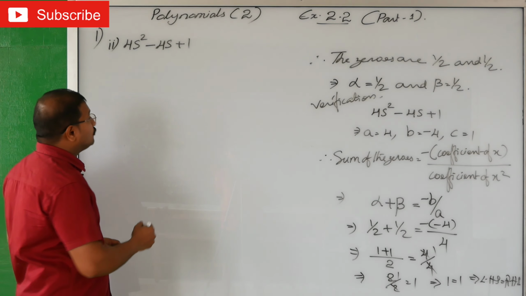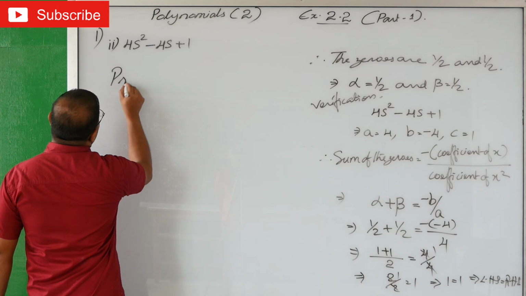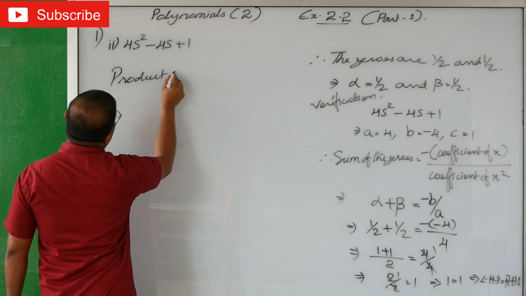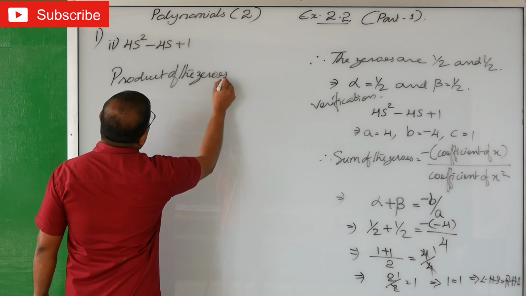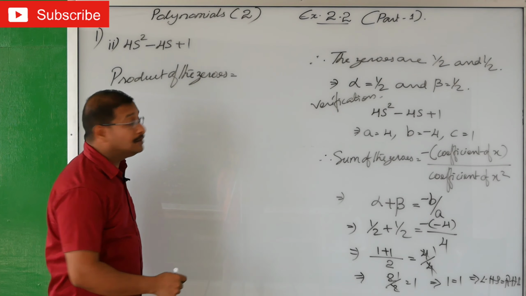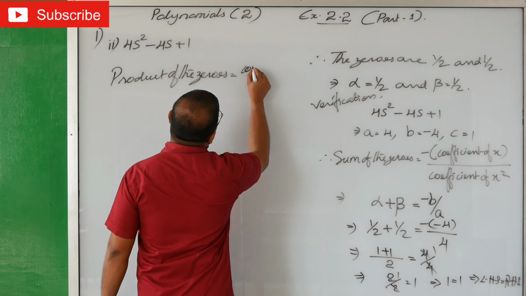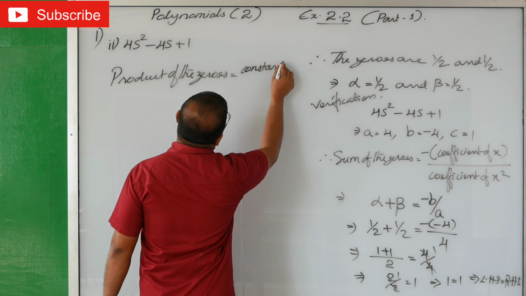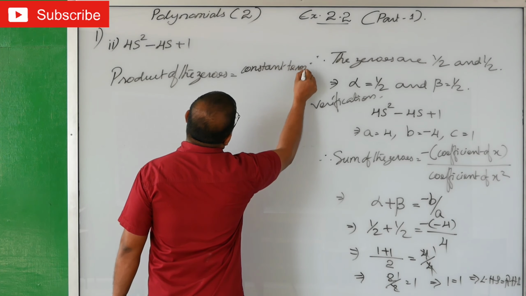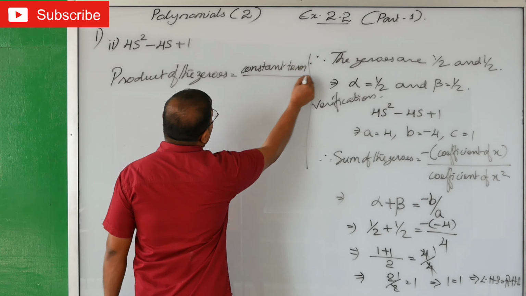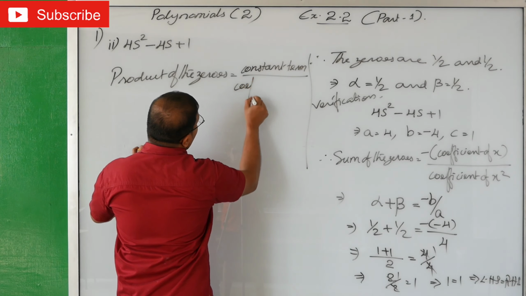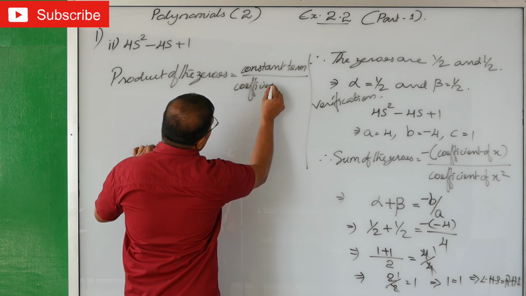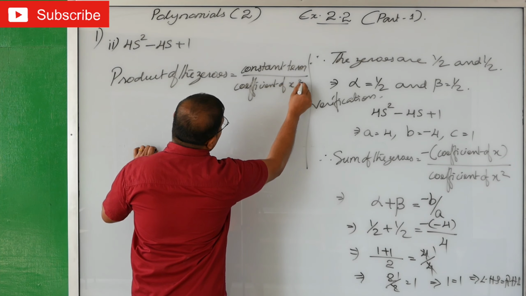Let's see now the product of the zeros. Product of the zeros is constant term divided by coefficient of x square. Isn't it?